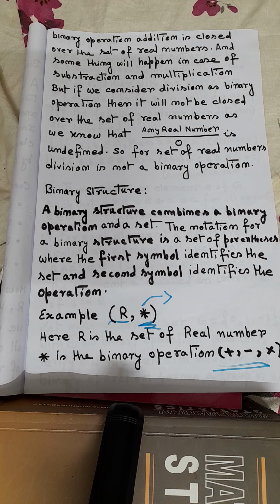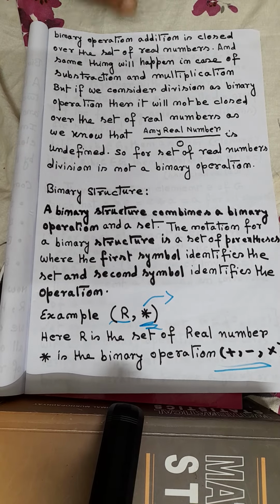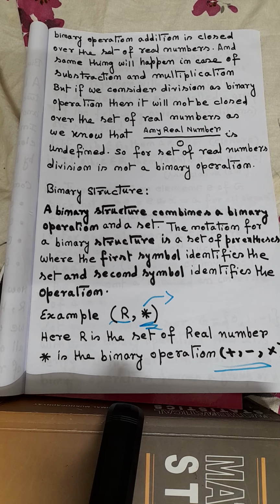Now what is a binary structure? All the explanation that I have told you is written here, so you can take a screenshot of this. So what is a binary structure? A binary structure combines a binary operation and a set. The notation for a binary structure is a pair of parentheses where the first symbol identifies the set and the second symbol identifies the operation.